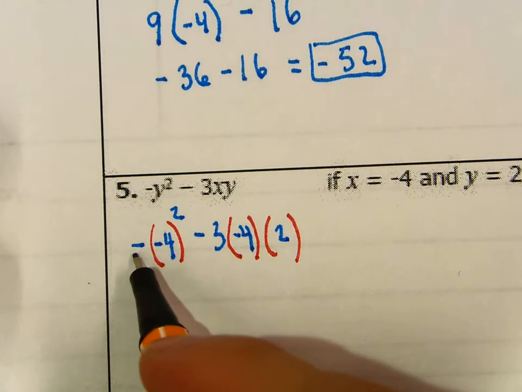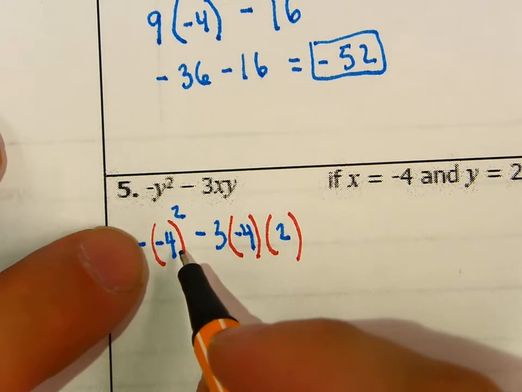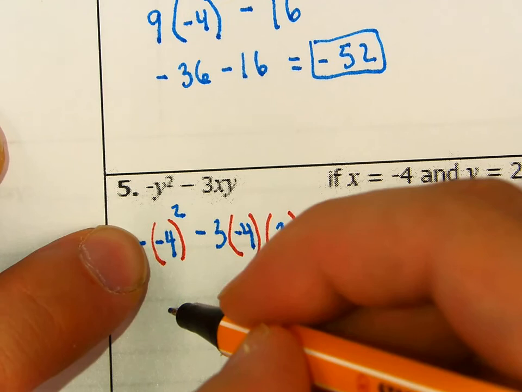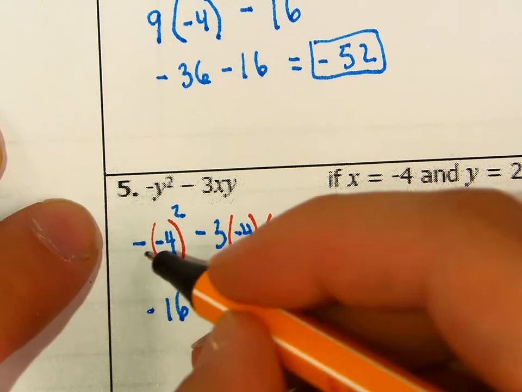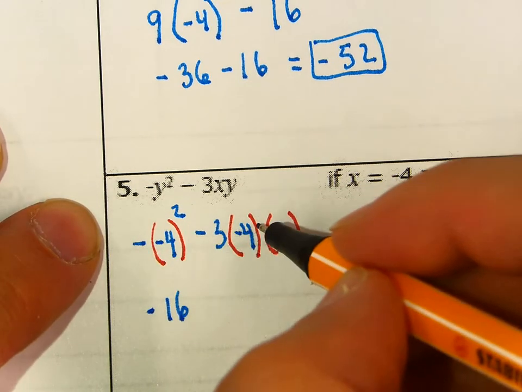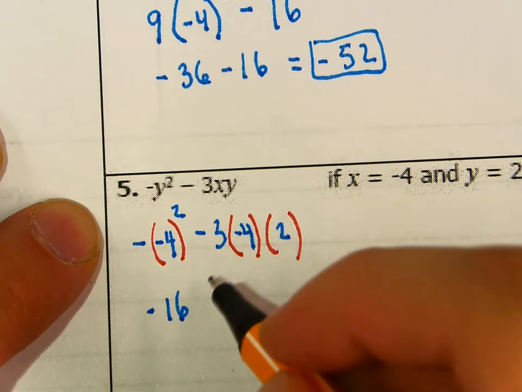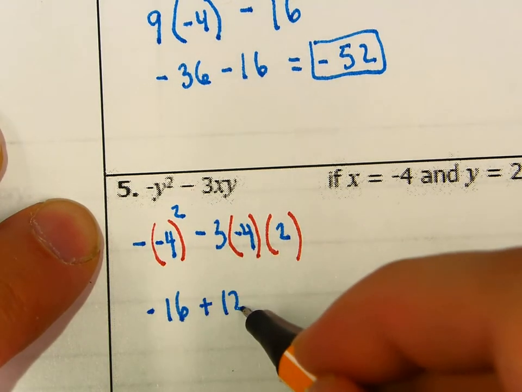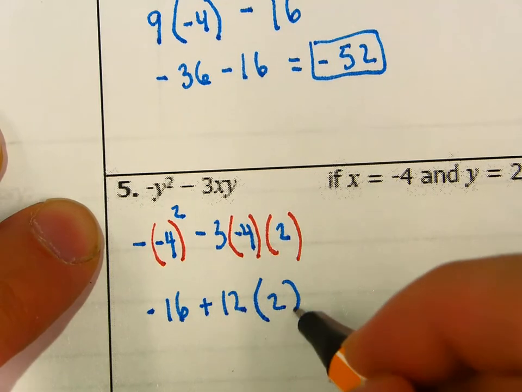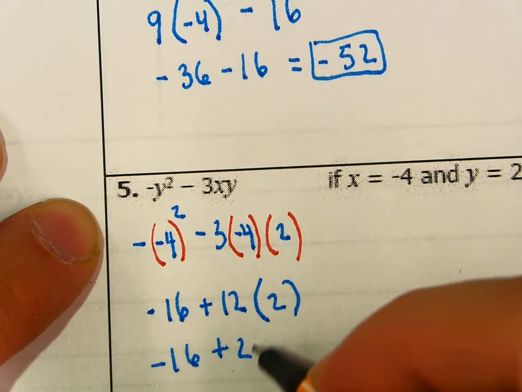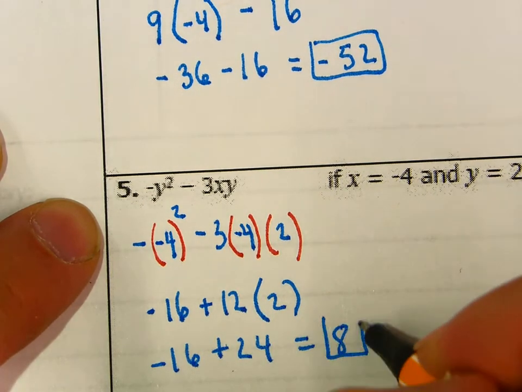All right, so notice we're going to do negative 4 squared, which is 16. Then you distribute that negative. Then what happens here? Negative 3 times negative 4 is positive 12 times 2. So that's negative 16 plus 24. So I should have 8.